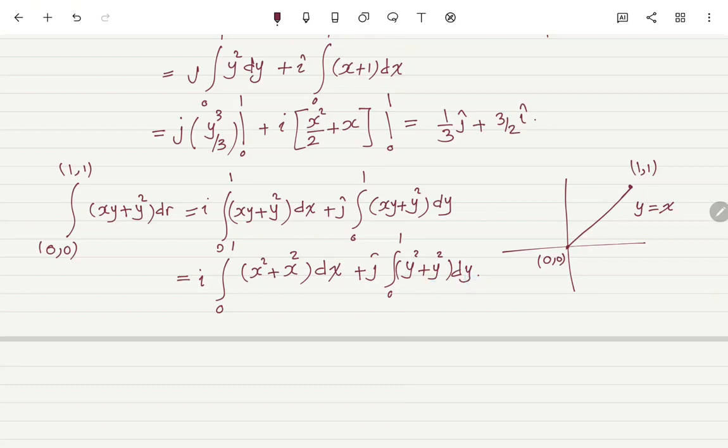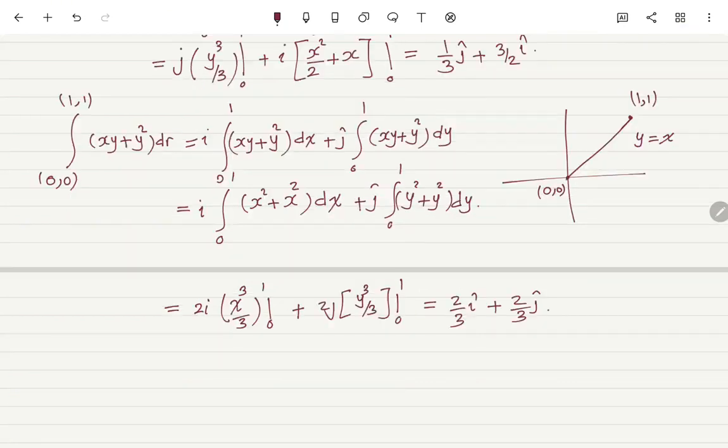Now simplifying this integral, you will get 2i x to the power 3 over 3 from 0 to 1 plus 2j y cubed over 3 from 0 to 1. This is equal to 2 over 3 i plus 2 over 3 j.